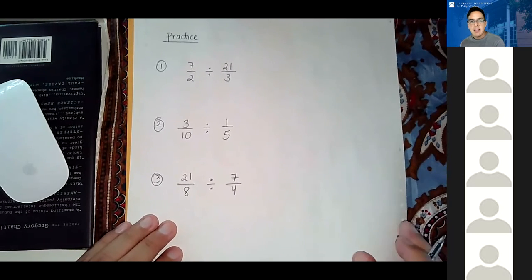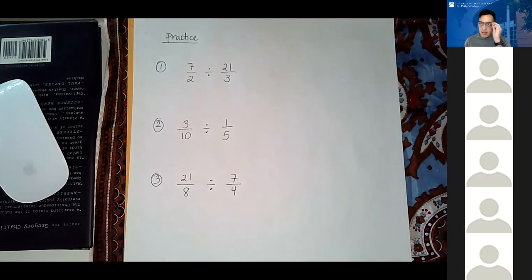Okay. And when you've completed all 3 of them, you can go ahead and use the reactions here in Zoom to throw your thumbs up so that I know that we're good. Awesome.